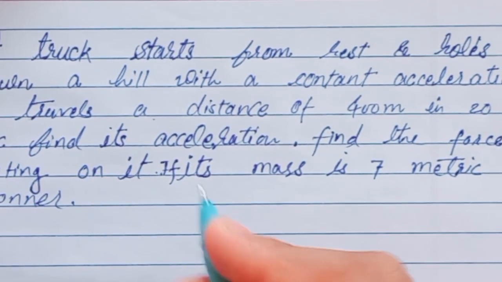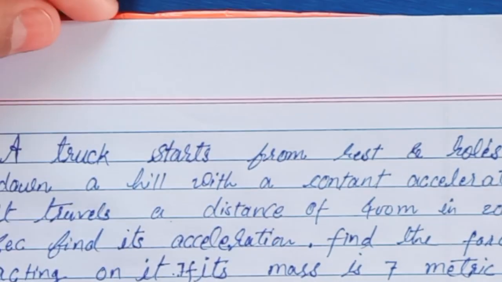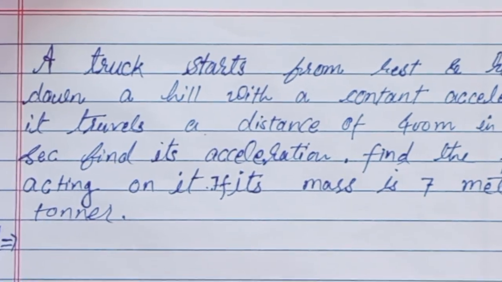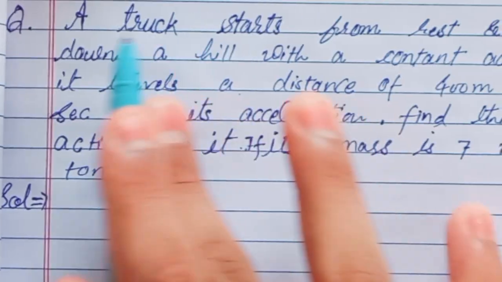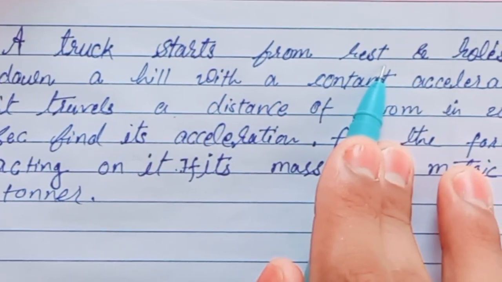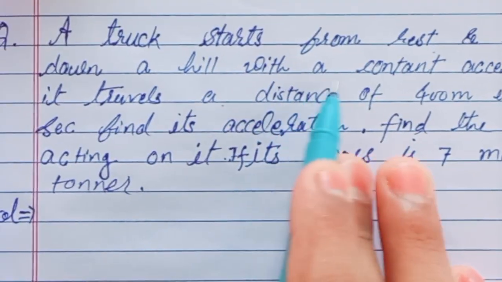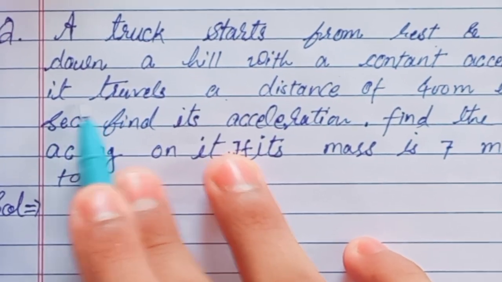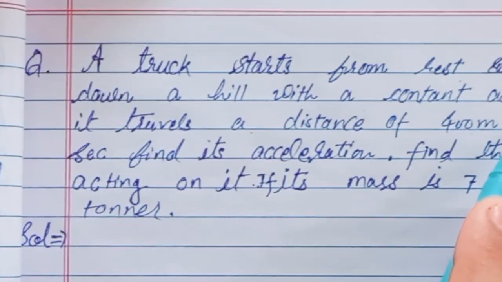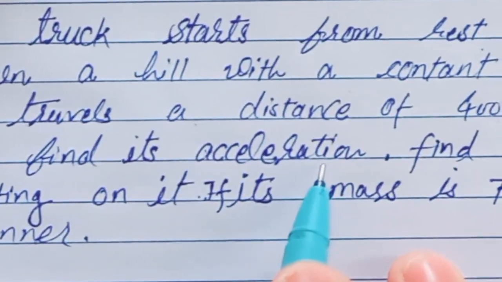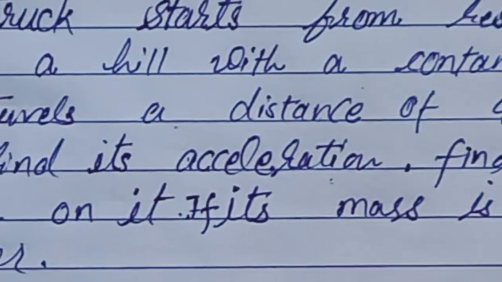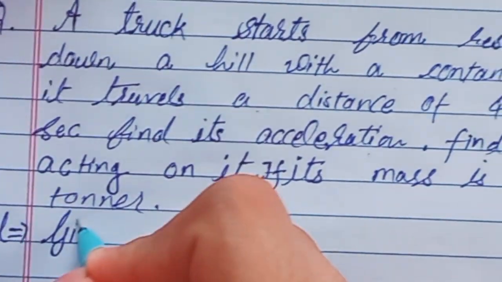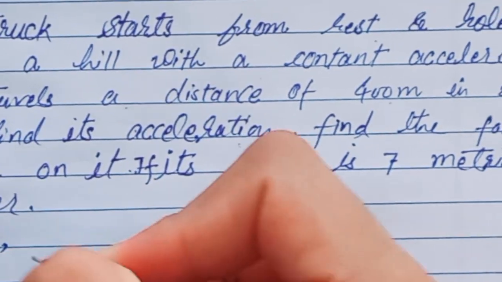So here we have a question and we can solve it by using the three equations of motion which we learned in the previous chapter. This is the question. A truck starts from rest and rolls down a hill with a constant acceleration. It travels a distance of 400 meters in 20 seconds. Find its acceleration. Find the force acting on it if its mass is 7 metric tons. First we can write the given.